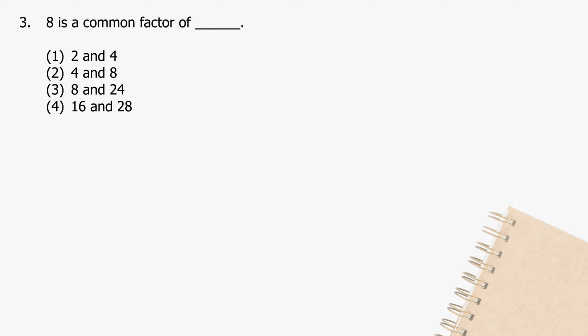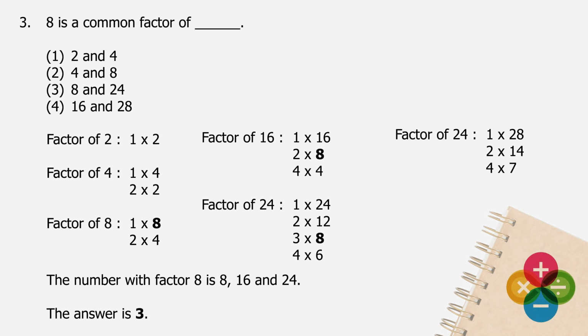Question 3. 8 is a common factor of blank. The factors of 2 will be 1 and 2. The factors of 4 will be 1, 2, and 4. The factors of 8 will be 1, 2, 4, and 8.